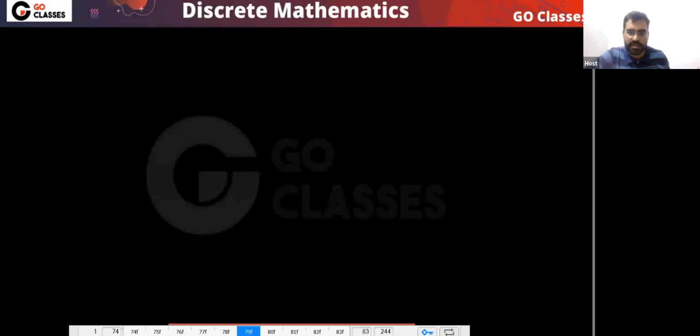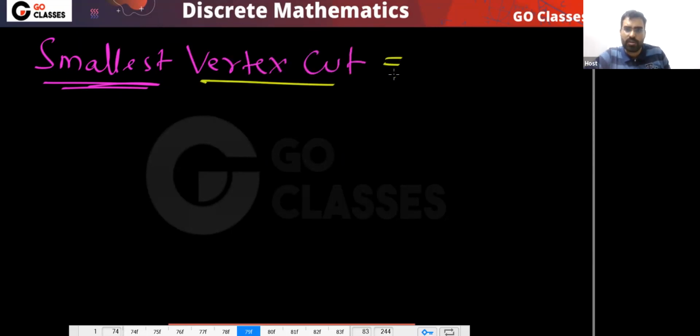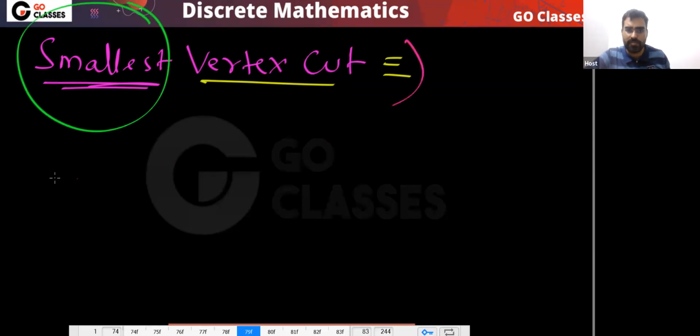So this is the idea. Now remember, this is the smallest vertex cut, and the size of the smallest vertex cut is called the connectivity number.